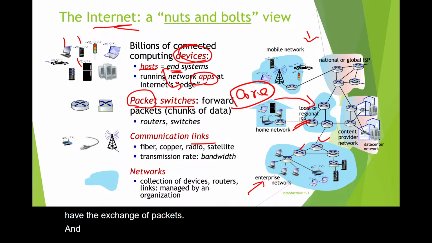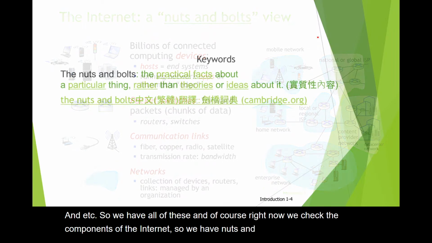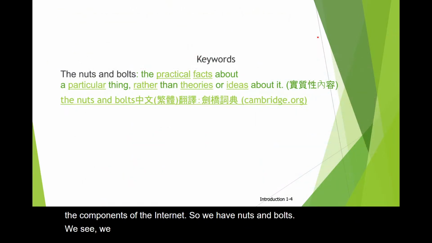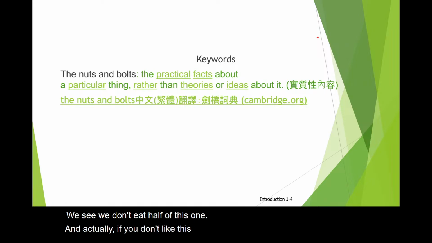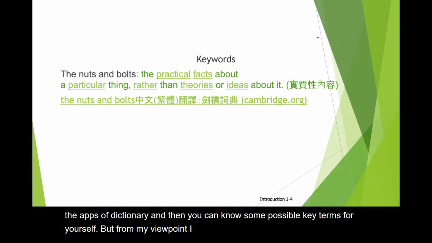So we have all of these, and right now we have checked the components of the internet. So we have a nuts and bolts view. Previously we didn't have this one. If you don't like this one, you can have your own way to check the dictionary and know some possible key terms for yourself. But from my viewpoint, I think at least I should have these. So I have the nuts and bolts view first.